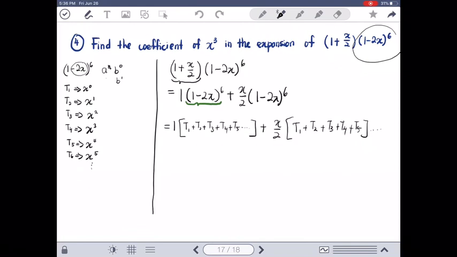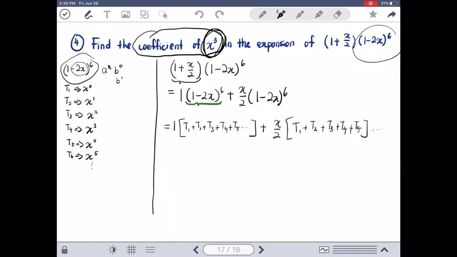The thing is, the question wants us to find the term with coefficient of x to the power of 3. So we only need to consider x to the power of 3. And according to the expansion of that, 1 times what? We will get terms with x to the power of 3. Obviously, term number 4.